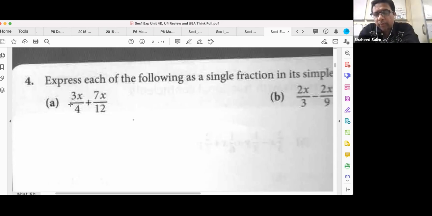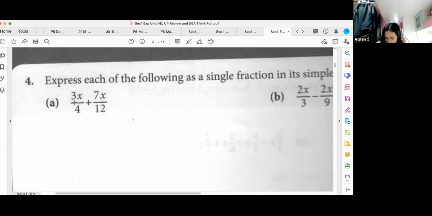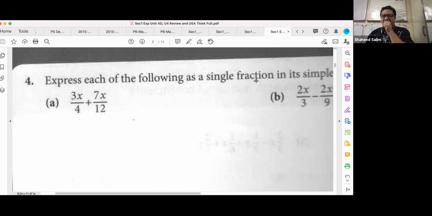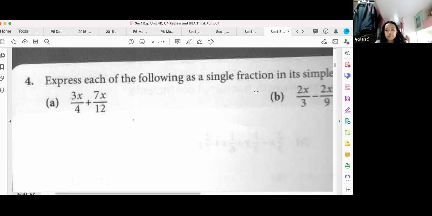Okay, 16 and 12 can be reduced. Both can divide by 4. Oh, okay. 4 over 3x.